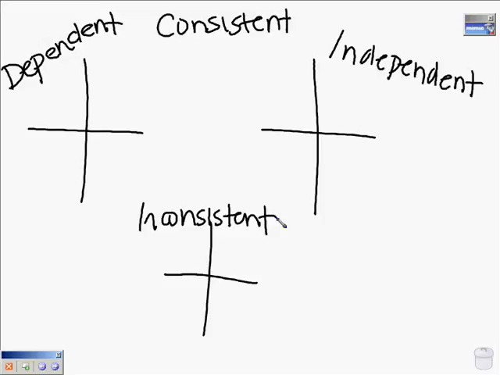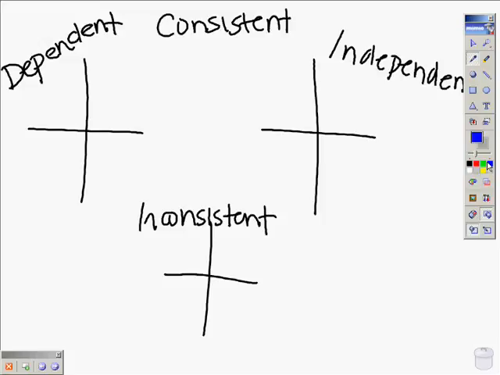Because remember, the solution to a system of equations is what? Where the two lines cross, right? Now, dependent systems, or dependent people, might as well be one person. Where do those two lines cross each other? Do they cross at just one point?